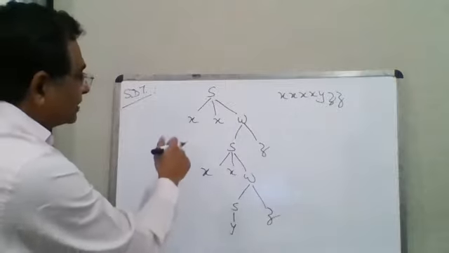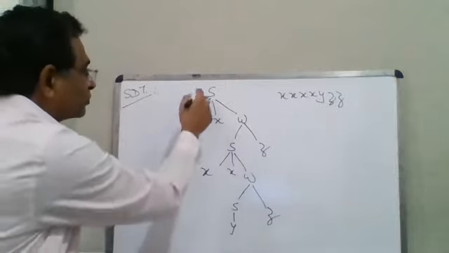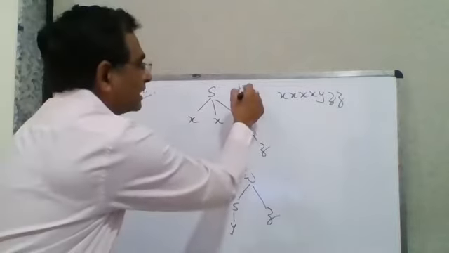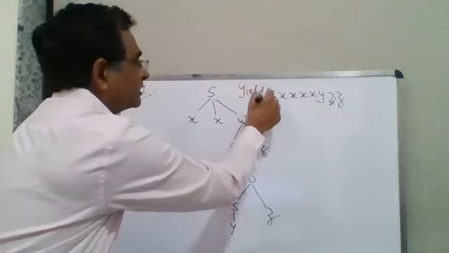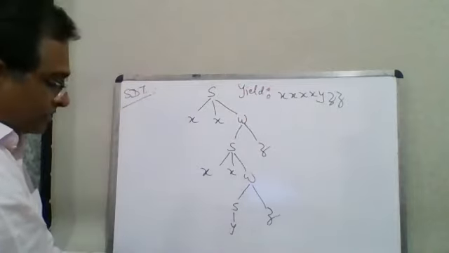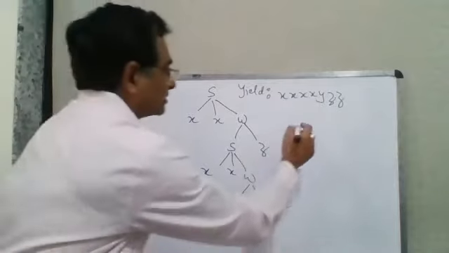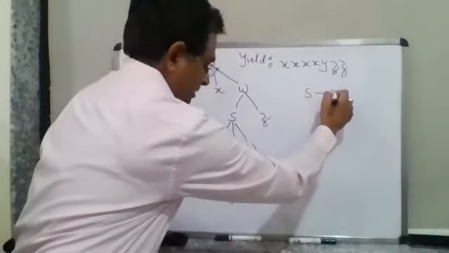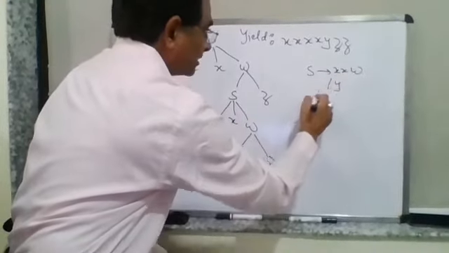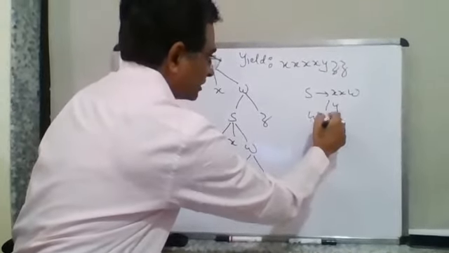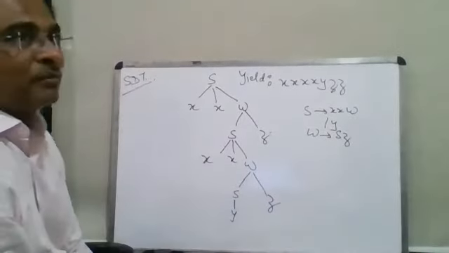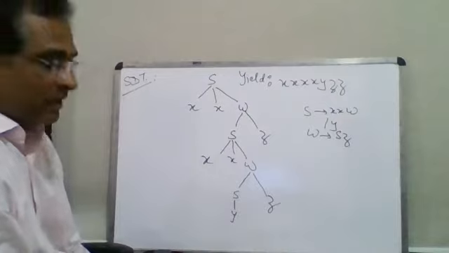So if you traverse from top to bottom and left to right, you will get this yield, which is XXXX Y ZZ, right? So again, just see, I'm noting down the productions. So this was the production S tends to Y, and this was W tends to S Z, right?